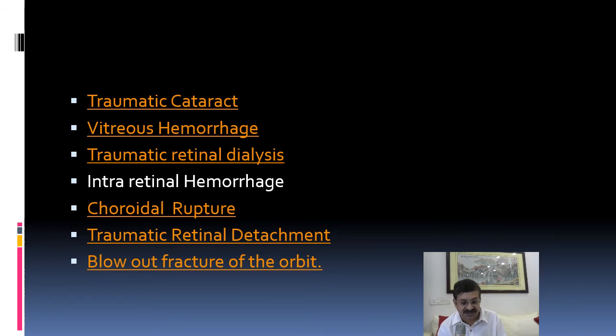Then in the posterior segment, you could have a vitreous hemorrhage, you could have a traumatic retinal dialysis, you could have intraretinal hemorrhage, choroidal rupture, traumatic retinal detachment, and a blowout fracture of the orbit. So these are all the injuries that a person can suffer when he is landed with a trauma by a fist, or say with a ball, or with some heavy object to his eye.